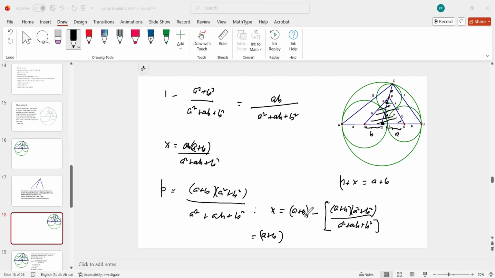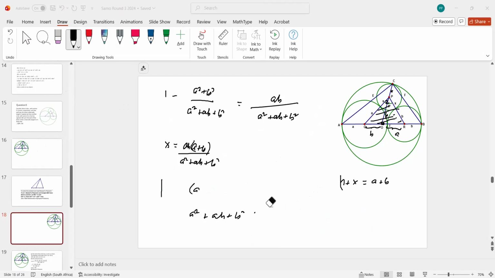Now remember, we needed to calculate x squared minus a plus b times x.